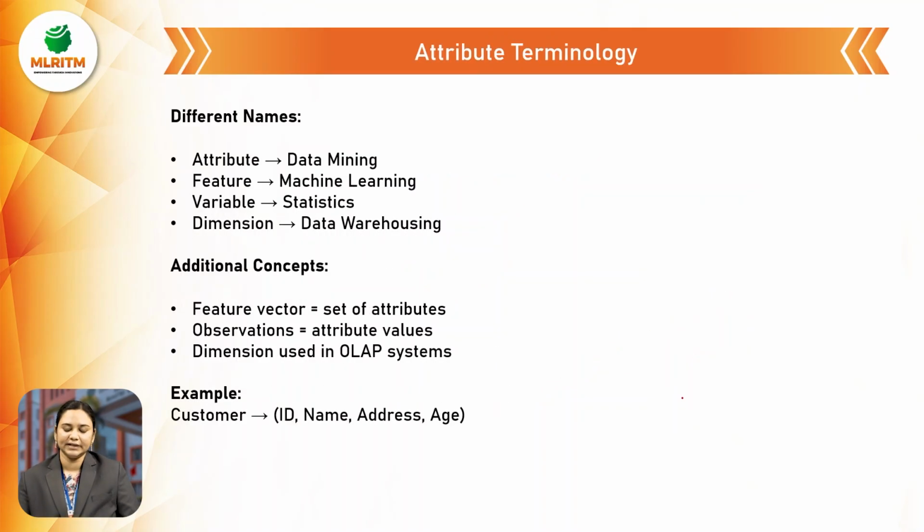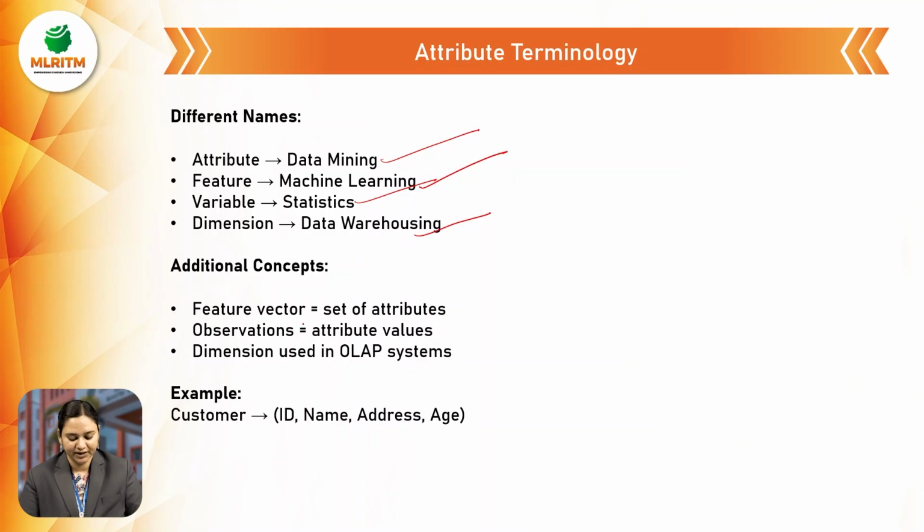After that, in attribute terminology, we have different names for attributes. Those are attribute in data mining, features in machine learning, variables in statistics, and at the same time dimensions in data warehousing. We have some additional concepts in the attribute terminology.